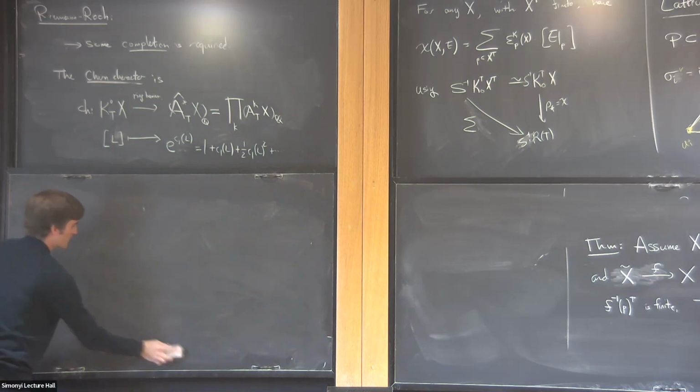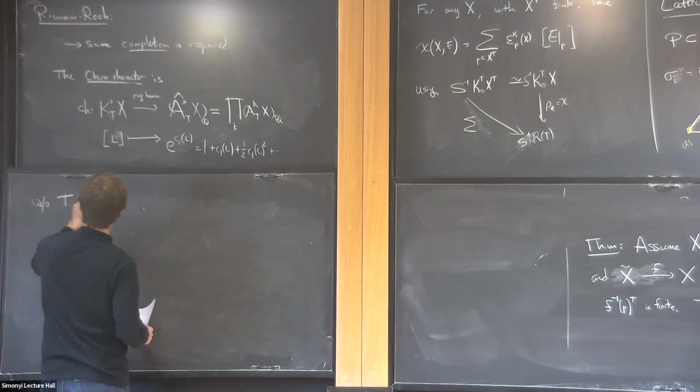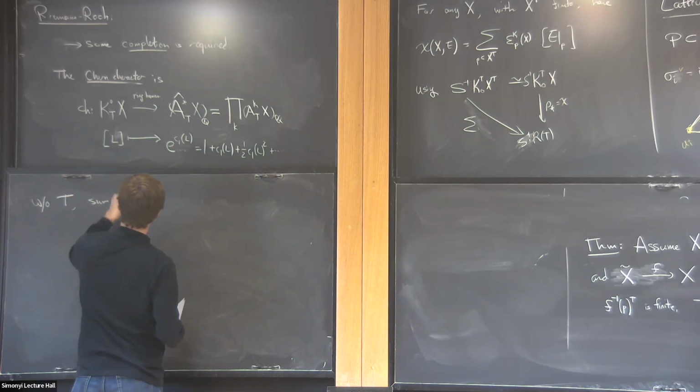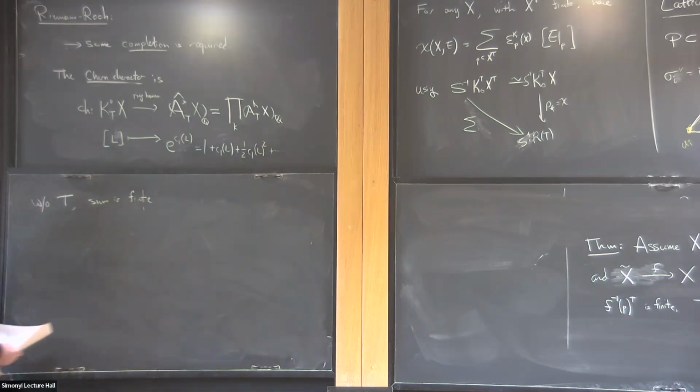You have to complete and tensor with Q. Without T, the sum is finite, because eventually you run out of degree. But with the T, it's essentially always infinite.